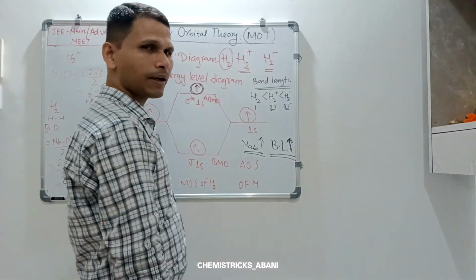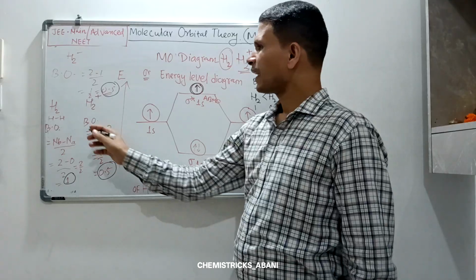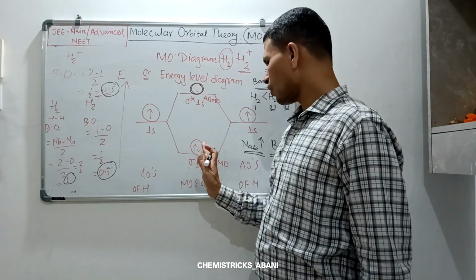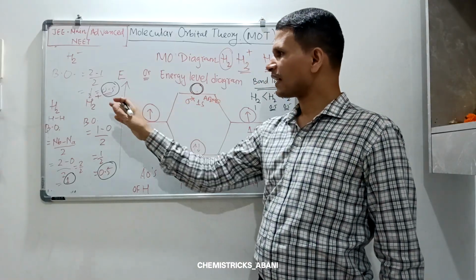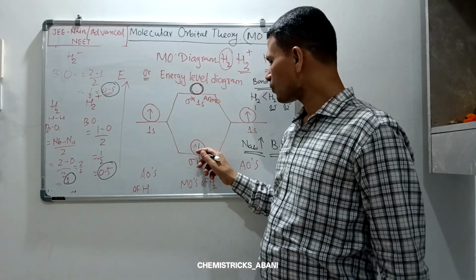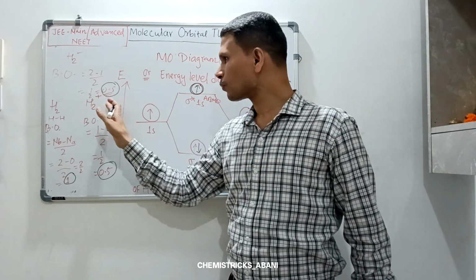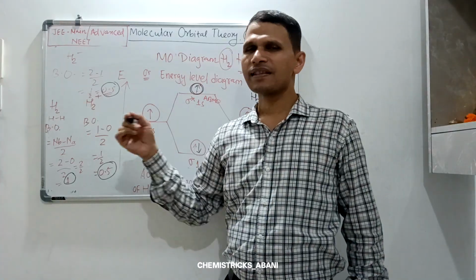Similarly, I can predict the magnetic nature of these species. In H2, all electrons are paired. In H2 plus there is one unpaired electron, and in H2 minus there is also one unpaired electron. So H2 plus and H2 minus are paramagnetic, whereas H2 is diamagnetic.